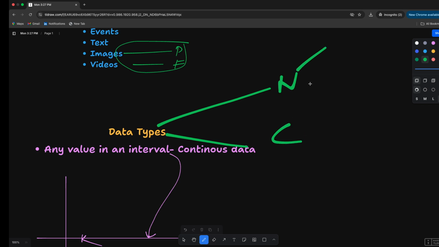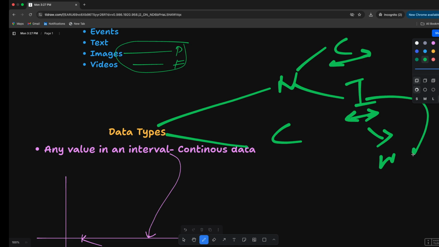In numeric, we have two major classifications: continuous and integers. Continuous can take any value in an interval. Now integers will only take integer values in an interval, and whole numbers are a subset of integers, right? And 0 is neither positive nor negative.